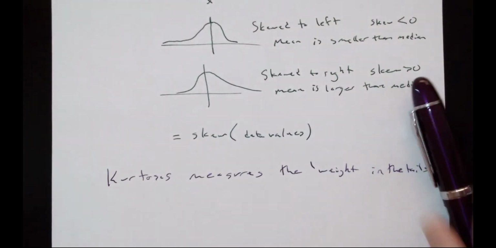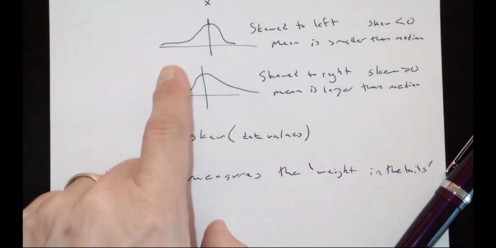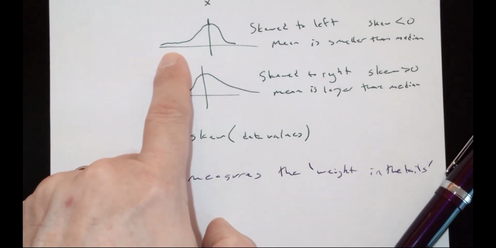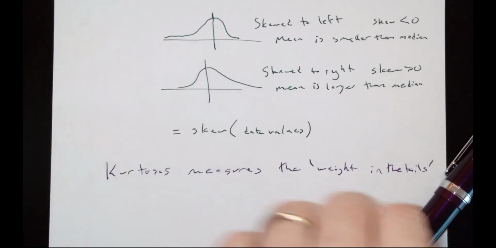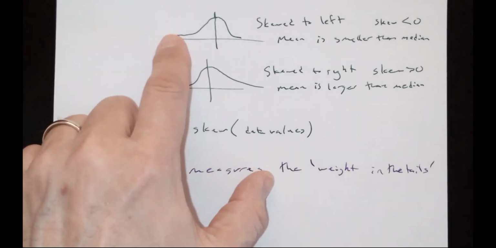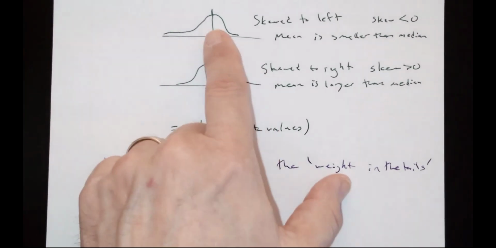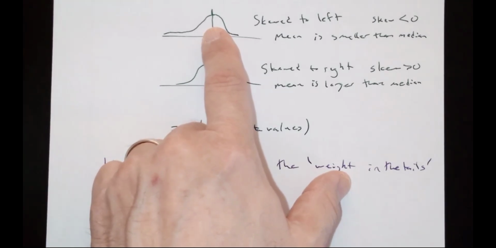If I asked you in either of those pictures to pick an X value under our curve, and I said the chance of you picking a number is related to how tall that piece of the curve is, that means these numbers over here are relatively unlikely, aren't they? But these numbers over here are much more likely.